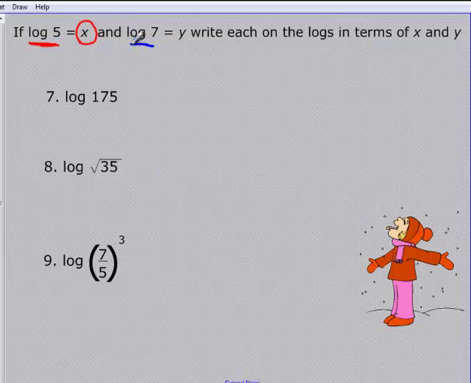Every time I see the log of 7, we may replace it with a y. So I'm going to write each of these logs in terms of x and y. Log of 175. I don't know anything about the log of 175. All I know is about the log of 5 and the log of 7. So that means 5 and 7 are hidden in 175.